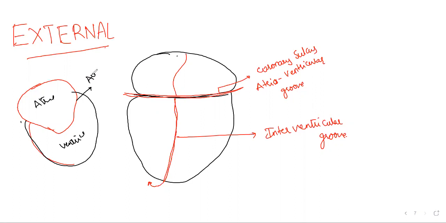So technically we call it the auricular appendix. What is the auricular appendix? A muscular pouch-like projection from each atrium is called the auricular appendix. As I said, it is simply a shirt overlapping on the pant.